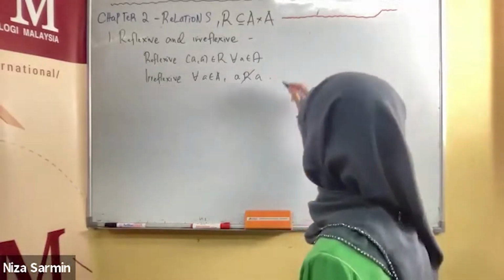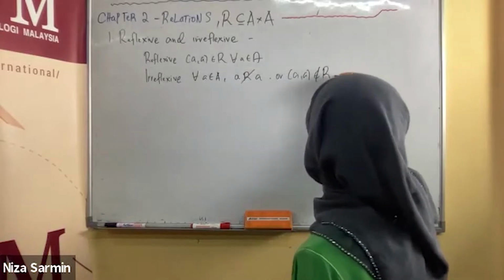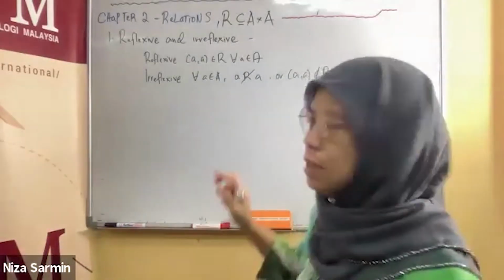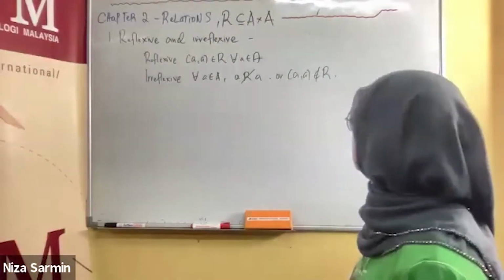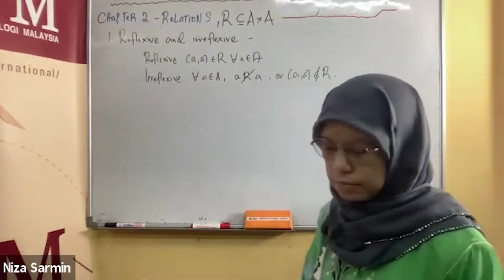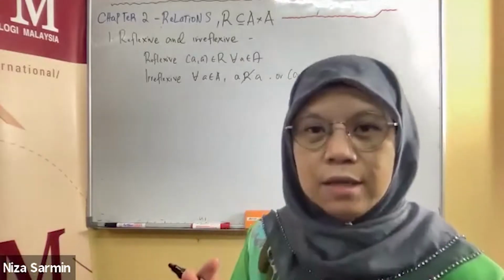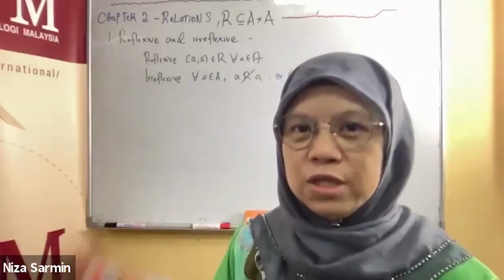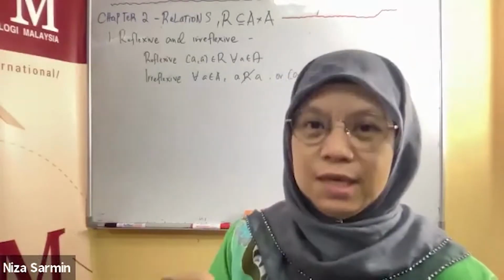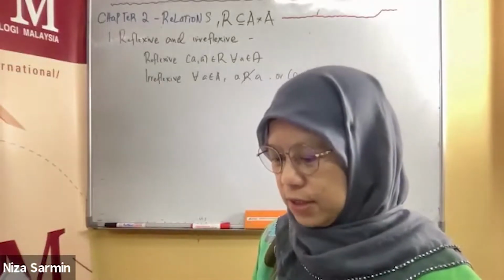Or you say (a, a) is not in R. This is the thing that is missing. Hannah, you please help me with that. If A is 1, 2, 3, 4, 5, then (1, 1), (2, 2), (3, 3), (4, 4), (5, 5) cannot be inside R for it to be irreflexive.